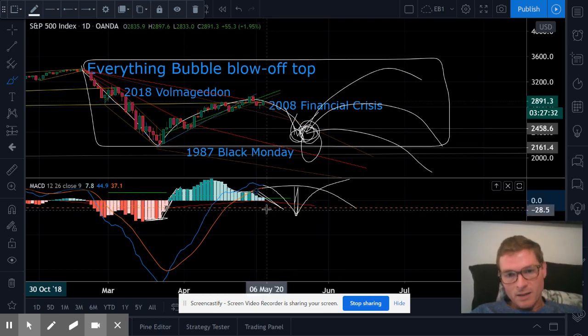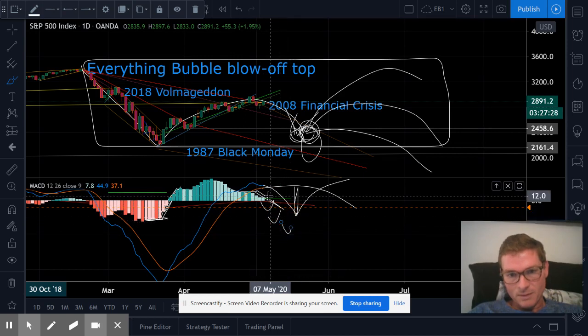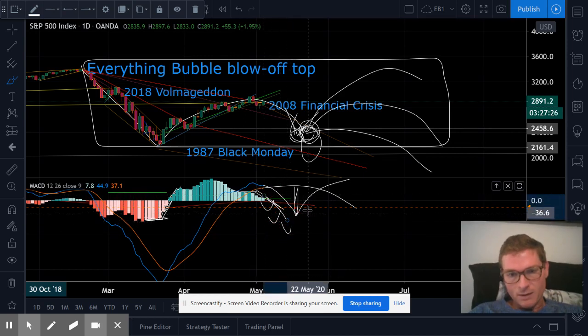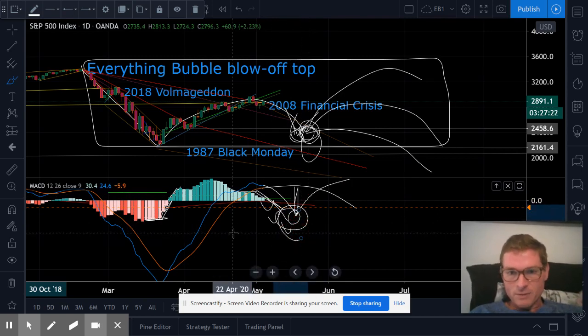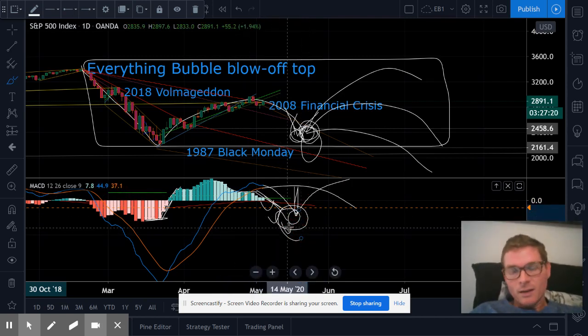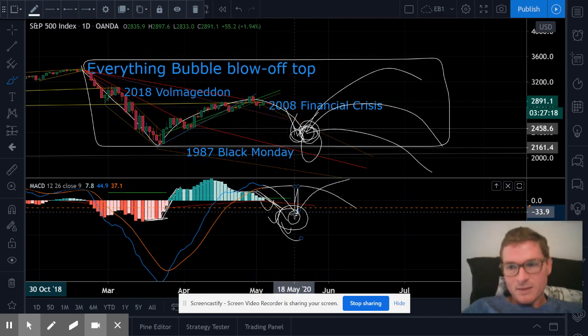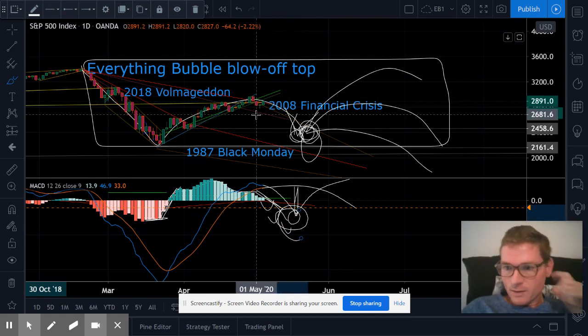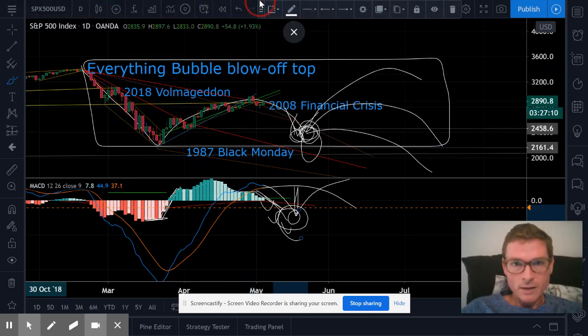And the MACD should continue to decrease as you get these parabolic moves up. The MACD is going to keep going down until we get to this bottom point. In this cycle, that's what you usually see, and that's what I'm expecting. But it's a few points higher than the targets and the lines that I drew. So I'm just gonna have to watch this thing and see what it does overnight.